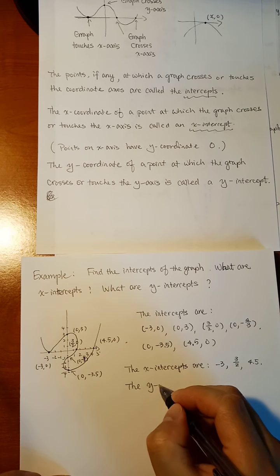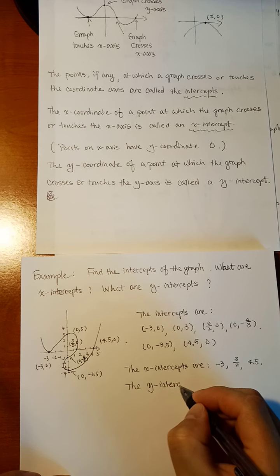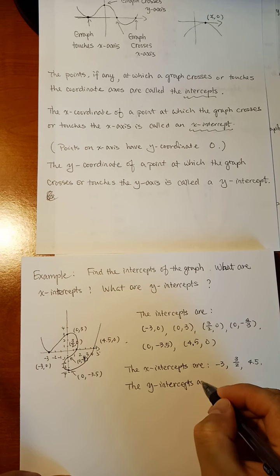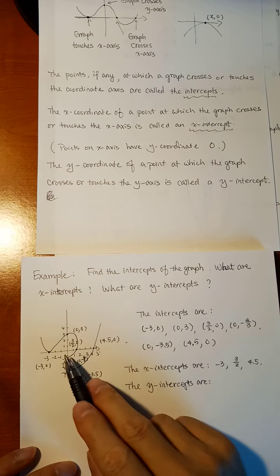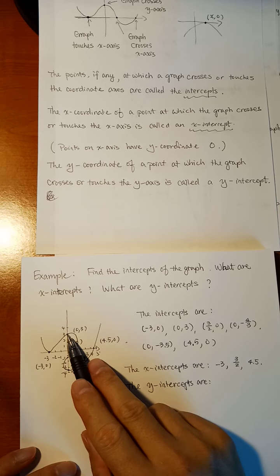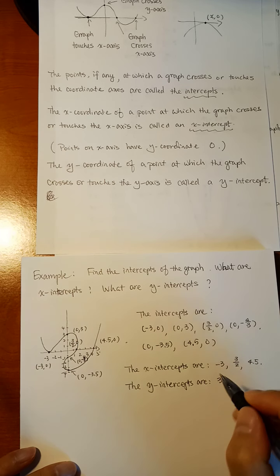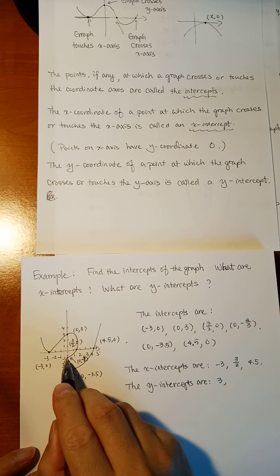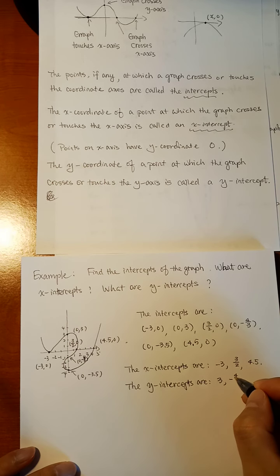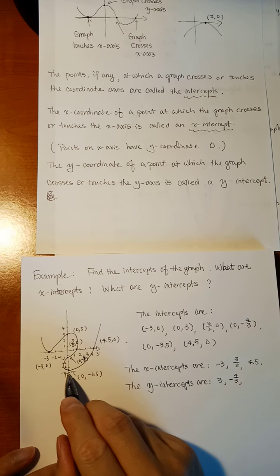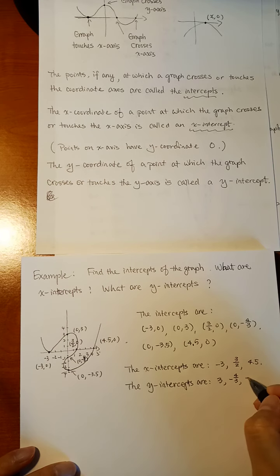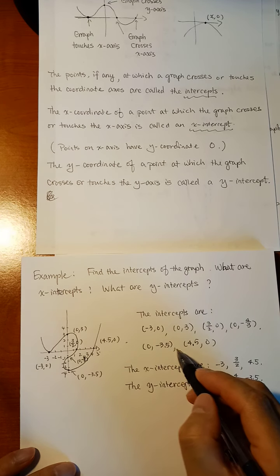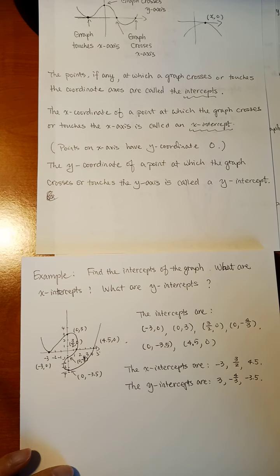The y-intercepts, you only count the y coordinate: 3, negative 4 over 3, and negative 3.5. Okay, you only consider the y coordinate here and here, and that's it.